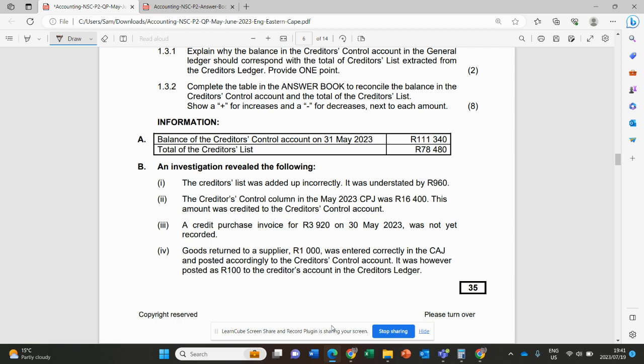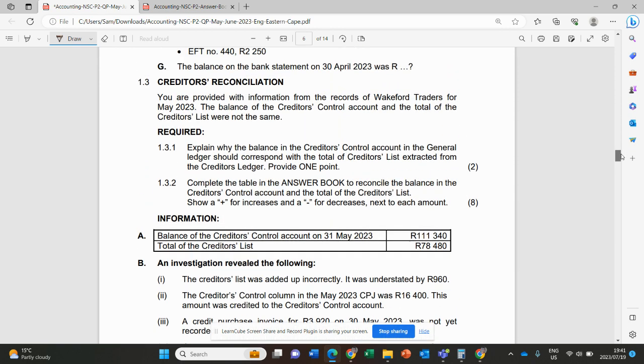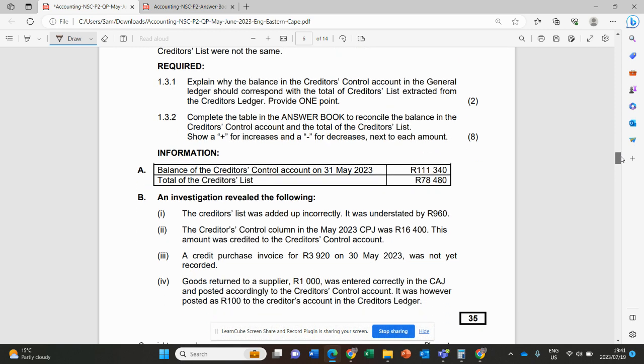Today we're going to deal with the second question for Creditors Reconciliation, the paper that has been written by grade 12 learners in Eastern Cape, 2023, June paper 2. Here is question 1.3.